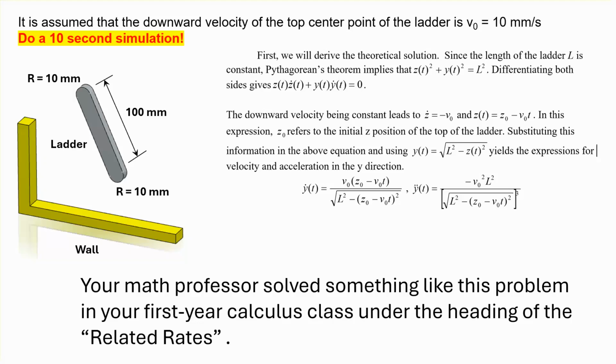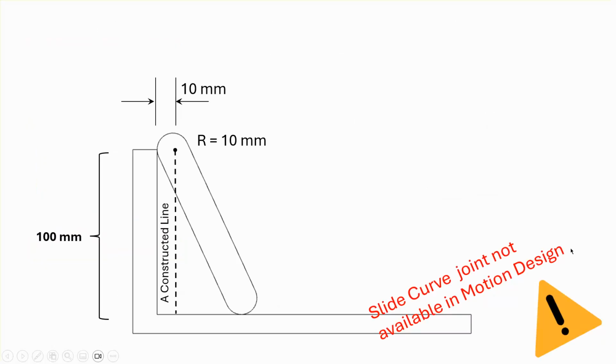If you differentiate both sides, you're going to be able to find the velocity of the bottom point in the y direction, and the acceleration of it. So your math prof did this as a related rates problem in calculus, and that's probably the first time you saw it. Now, here's what I'm going to do.